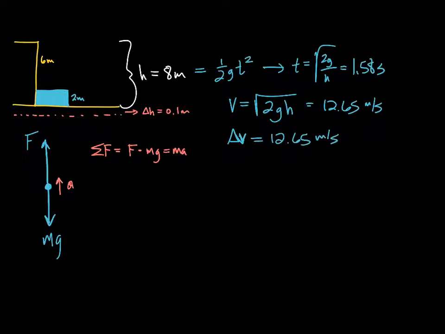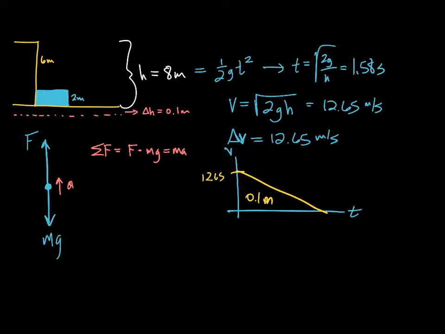So we know the change in speed now. We know the time that it took to change that speed. And that means if we do a velocity time graph like that, we know that that was a 0.1 meter displacement because that's the area under a velocity time graph.